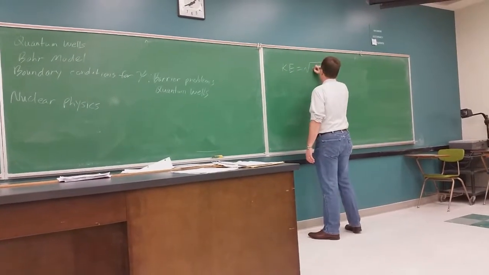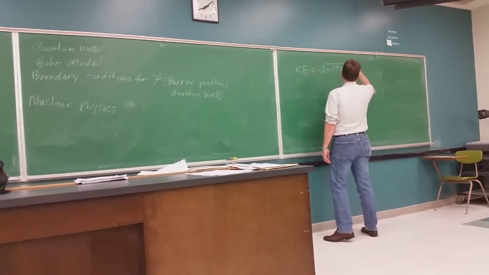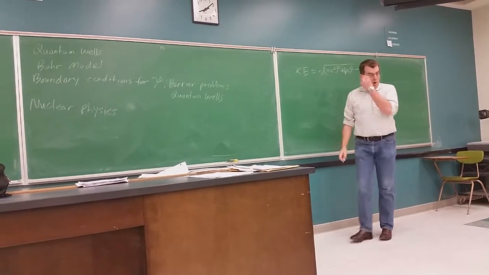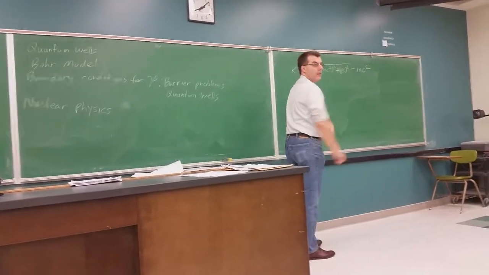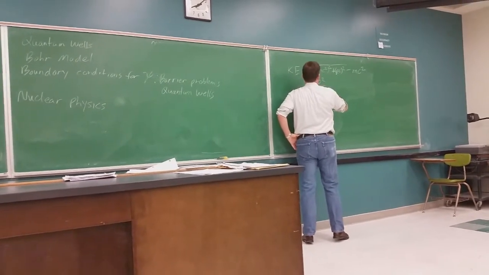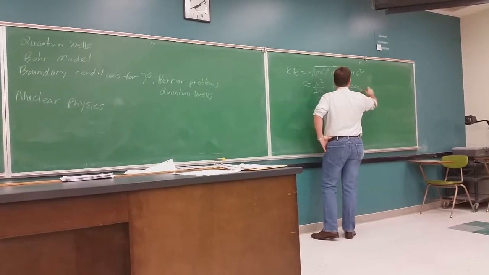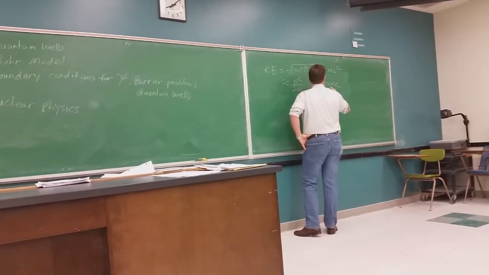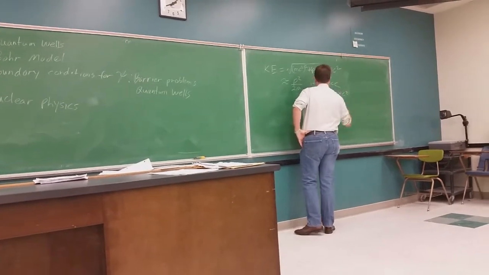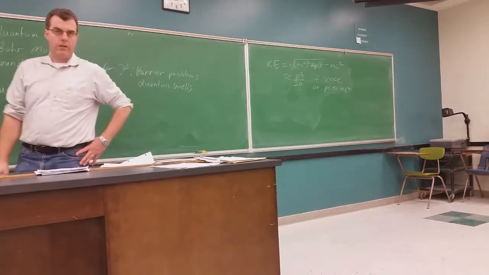The KE is the square root of (mc squared) squared plus (pc) squared, minus mc squared. That is always true by definition, and this is roughly equal to p squared over 2m if pc is much less than mc squared. Other questions?